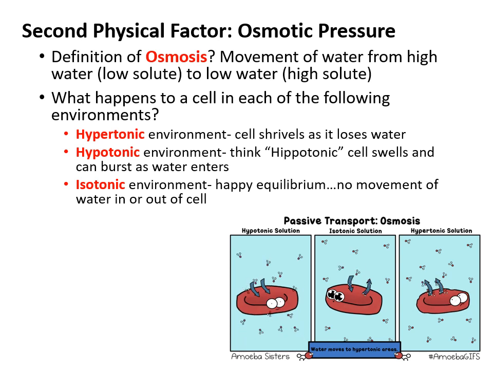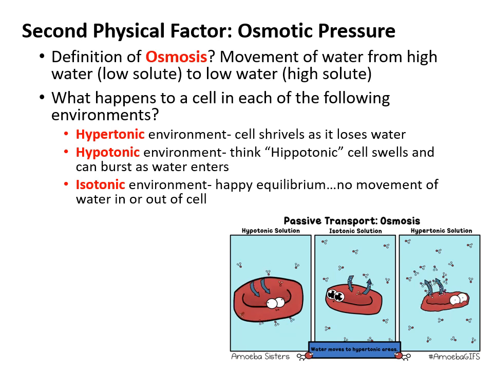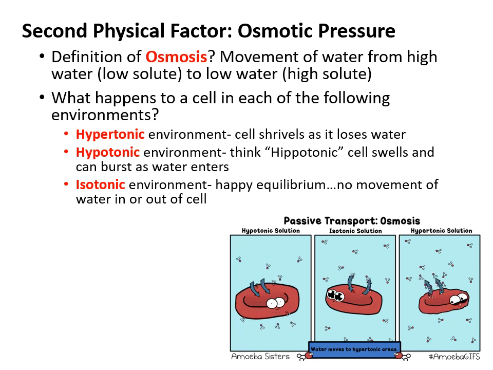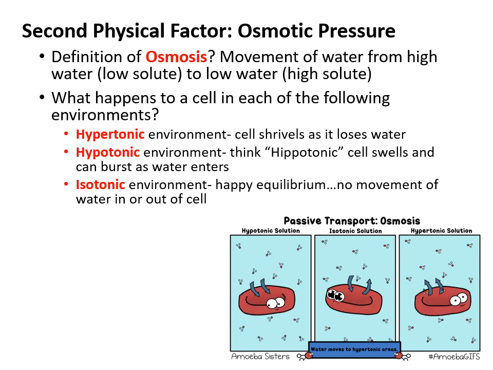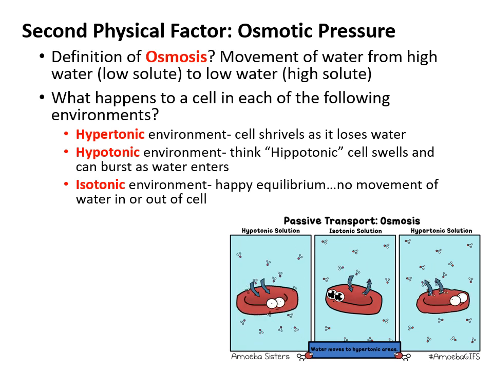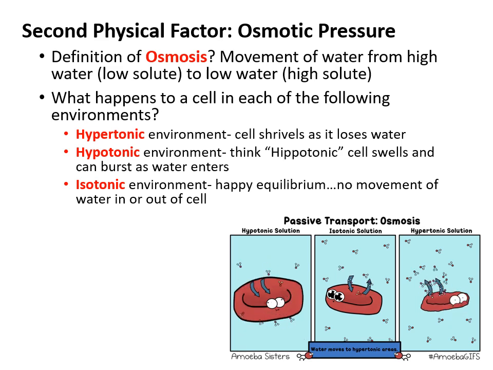That's why you'll notice a lot of buffers and solutions in the medical field will be called isotonic, because they are what I call happy equilibrium, okay? There's equal amount of salt inside and outside of the cell, so that cell is not going to gain or lose water. It stays perfectly happy, okay? So isotonic is always the goal.